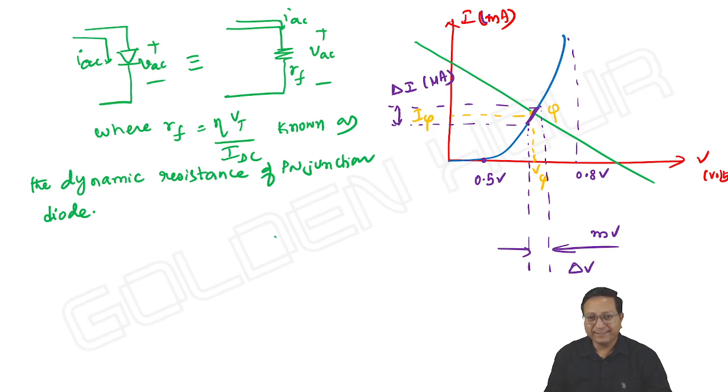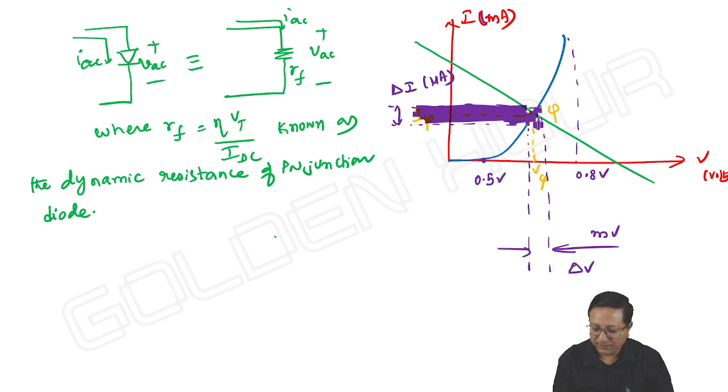Within this particular zone, I can write a linear relation between current and voltage.